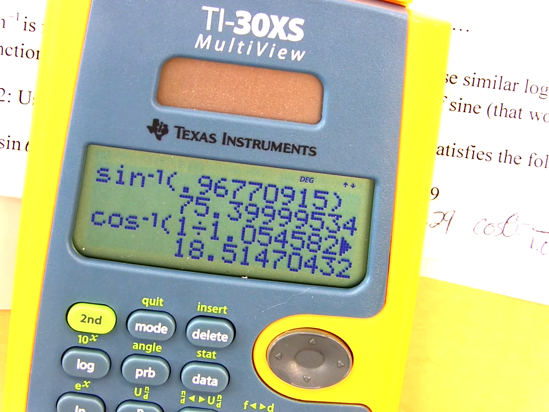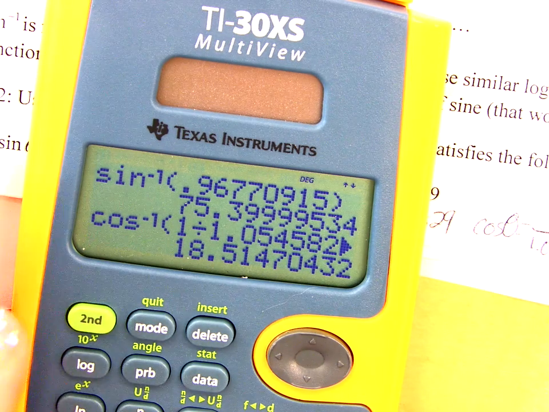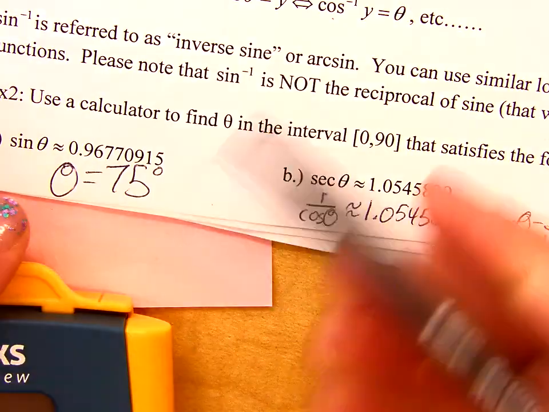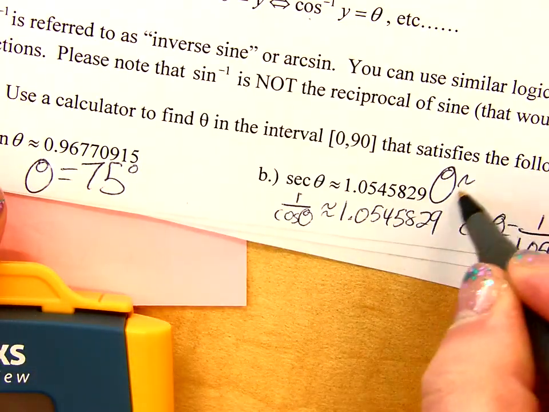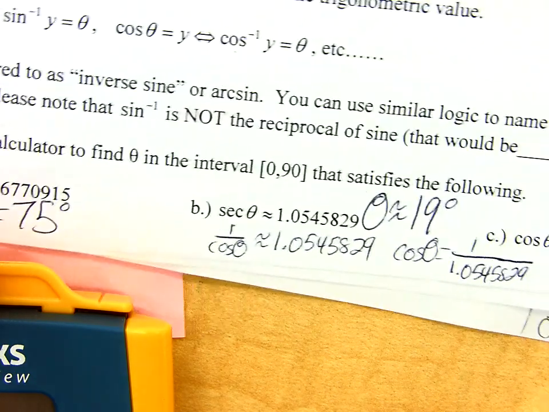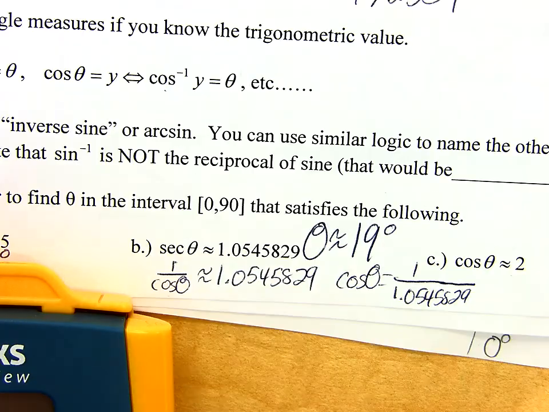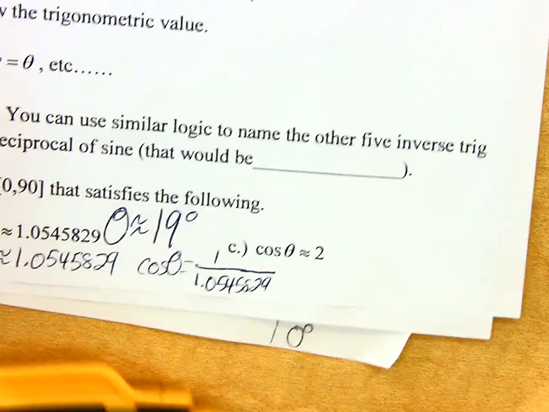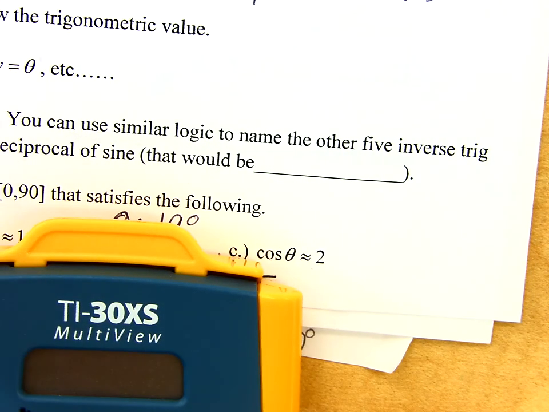All right. So approximately, if I'm rounding to the nearest whole degree, that would be a 19-degree angle, would have a secant equal to that crazy number. Is that all right? Okay, and then the last one, who's going to have a cosine of 2?